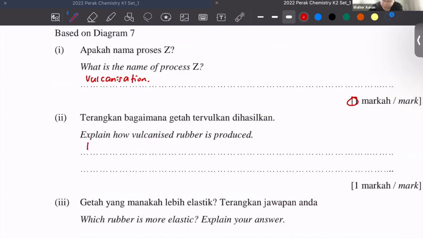So you say here, immerse natural rubber into sulfur dichloride solution. Here 1 mark.